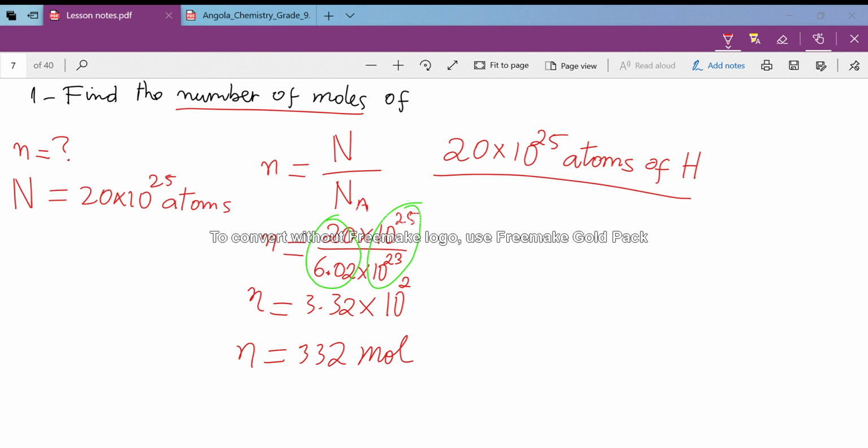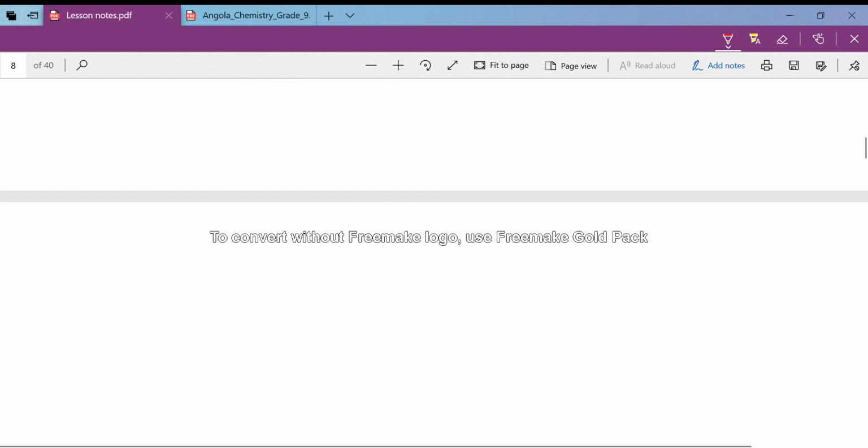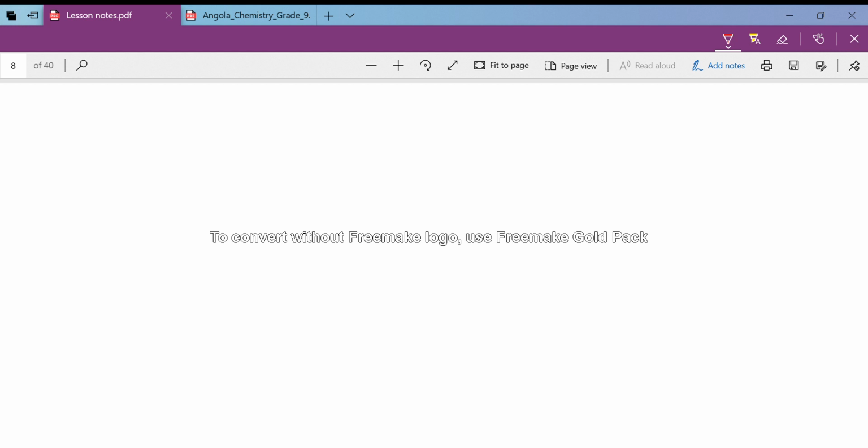Right, now let's try another exercise, but we will change a few things in the exercise. What if instead of finding the number of moles, you are being asked to find the number of particles? So let's try this.